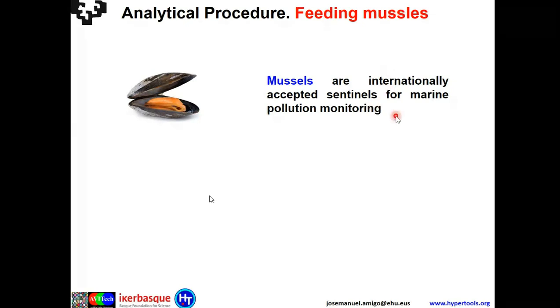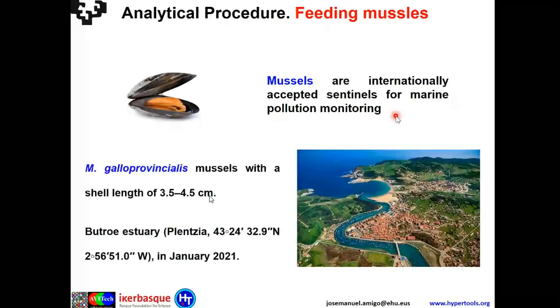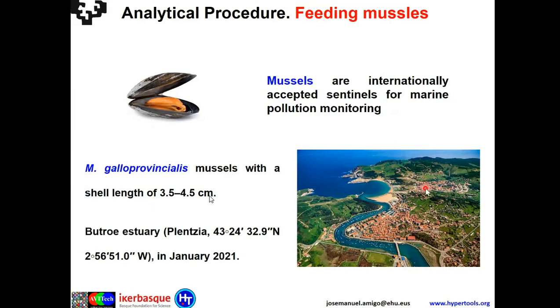Okay, so what we did is go to the beach and take mussels. And by the way, I always like putting this picture because this is our research center. So you are welcome to visit us there. We did all this research in here.